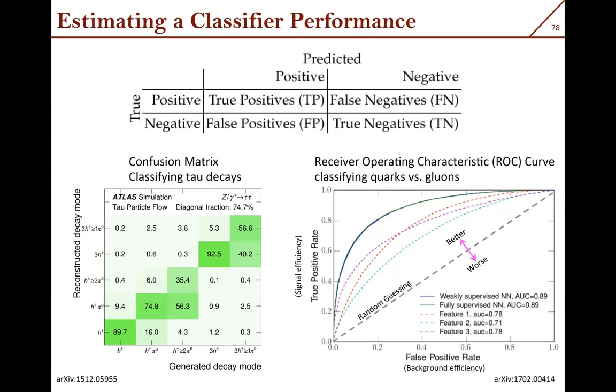And then in this particular plot, what you see is the signal efficiency versus the background efficiency. For an ideal world, you want to have 100% signal efficiency and 0% background efficiency.